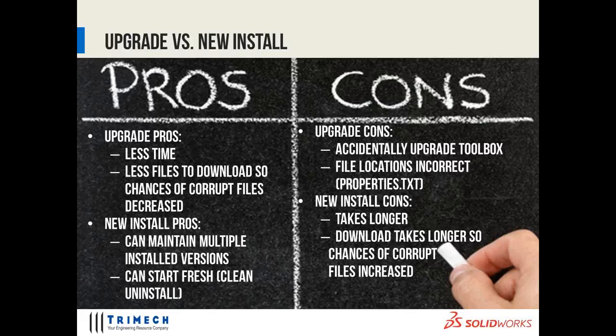So it can cause problems with template file locations, sheet metal gauge tables, weldment profiles. Some of those locations are either stored incorrectly in the registry keys or didn't get upgraded properly.